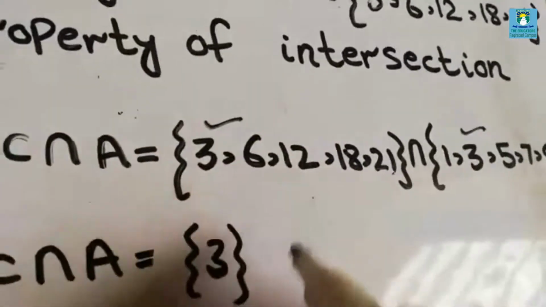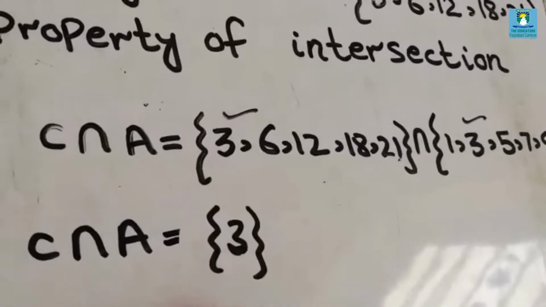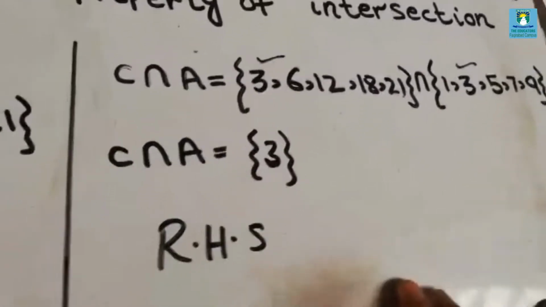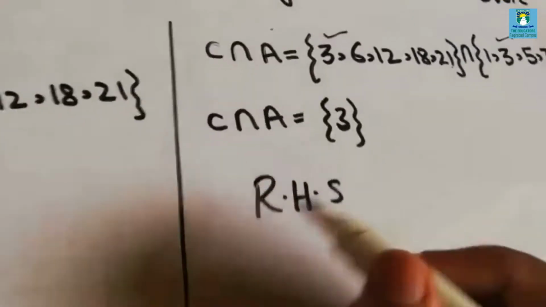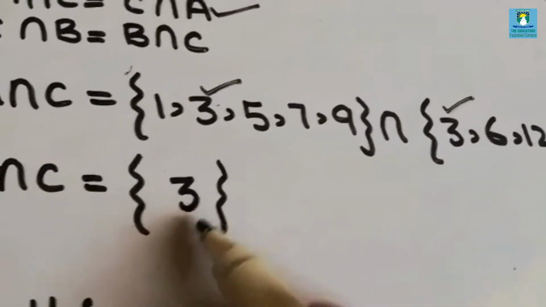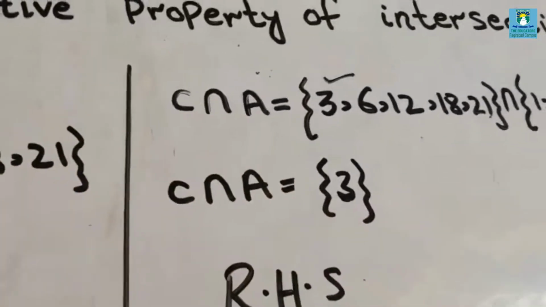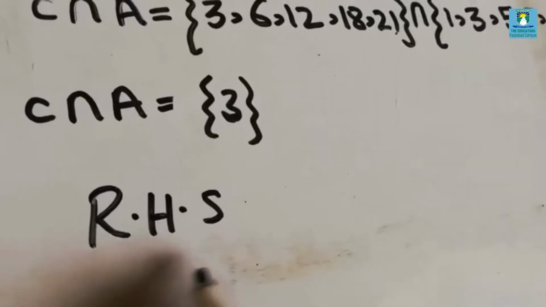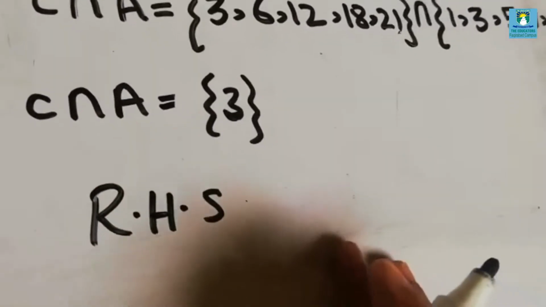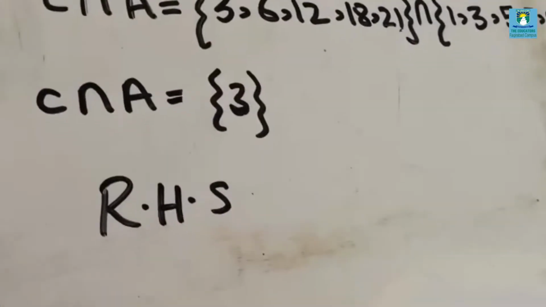Only 3 is common. So it proves that left hand side is equal to right hand side. Look at here. A intersection C is equal to 3 and C intersection A is equal to 3. It means if we change the places of the sets in the intersection operation, it will give the same intersection set.